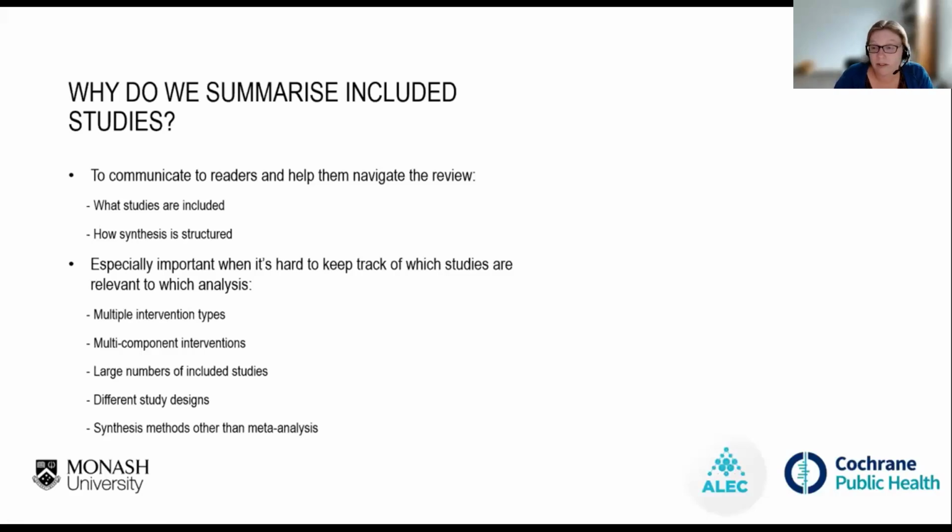If you have a lot of studies, then a succinct summary can also be very helpful. And if you've got a lot of differences, so different study designs that might be compared differently or synthesized differently in the results section, or if you're using synthesis methods other than meta-analysis, where you don't have a nice handy forest plot to summarize the results, then these characteristics can also be really helpful to your readers to help them navigate around.